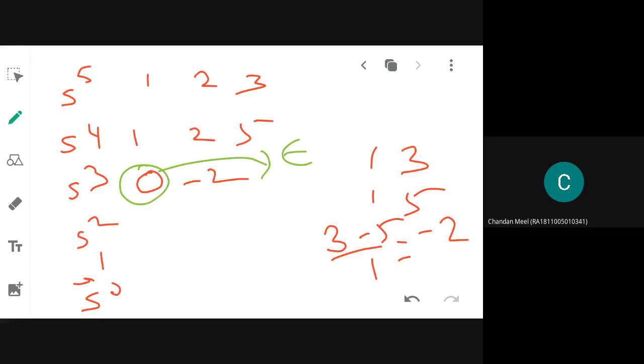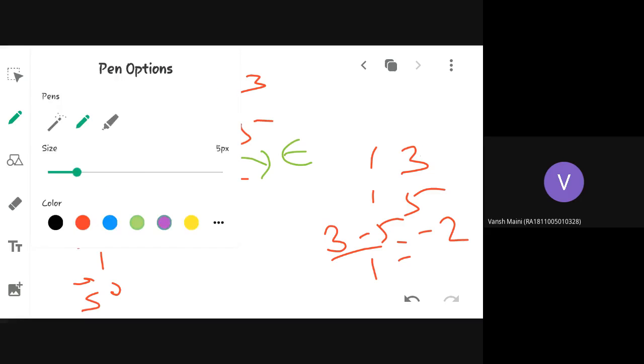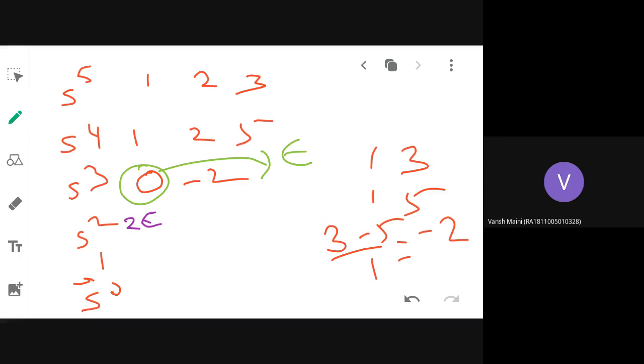Tell me what is the S squared row element after replacing 0 by epsilon. 2 epsilon plus 2 divided by epsilon.